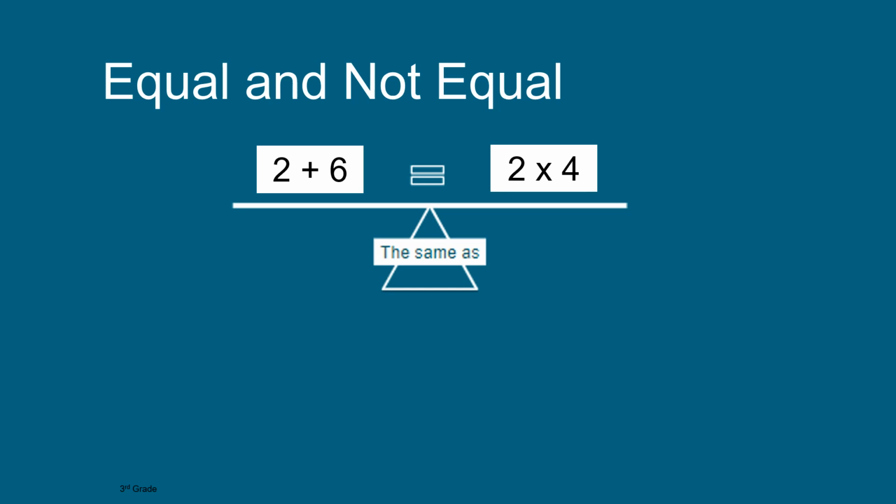This is an example of an equal statement. One side of my balance is 2 plus 6, which is 8. And the other side of my balance is 2 times 4, which is also 8. I have 8 on one side and 8 on the other, so these two statements are balanced or equal to each other.